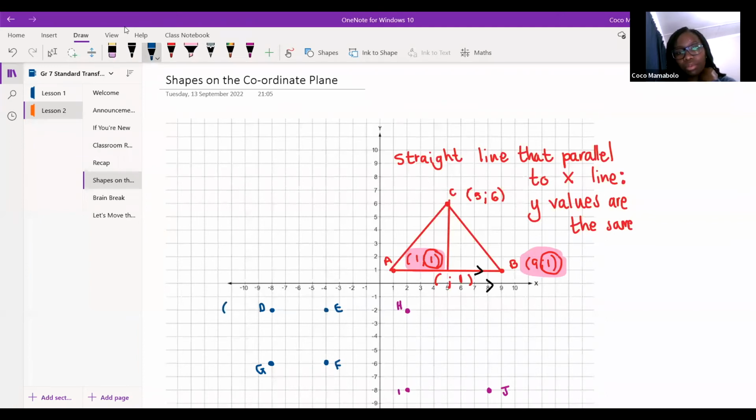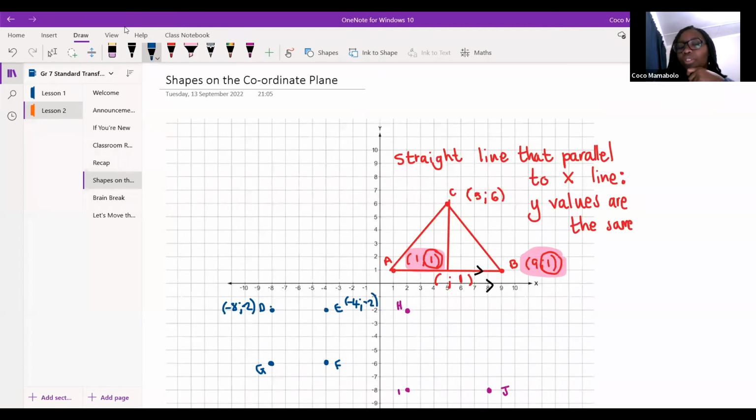D is open brackets -8; -2 close brackets. Excellent. Let's do E. Guys, make sure you're helping out in the chat. E is open bracket -4; -2. Excellent.